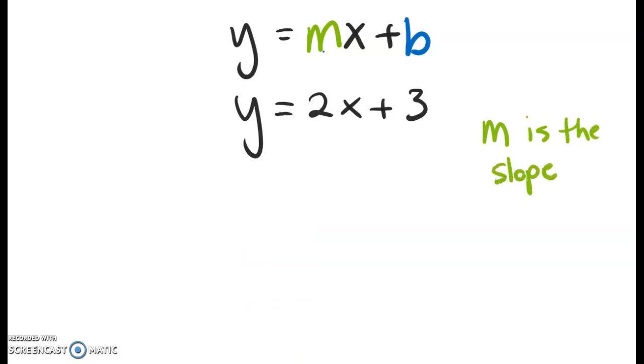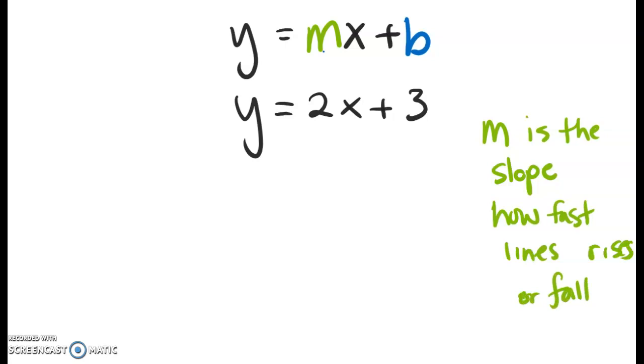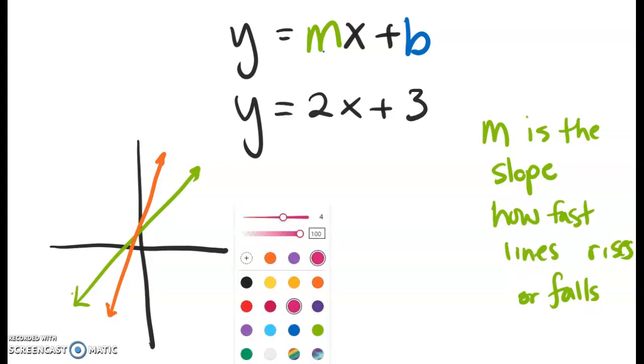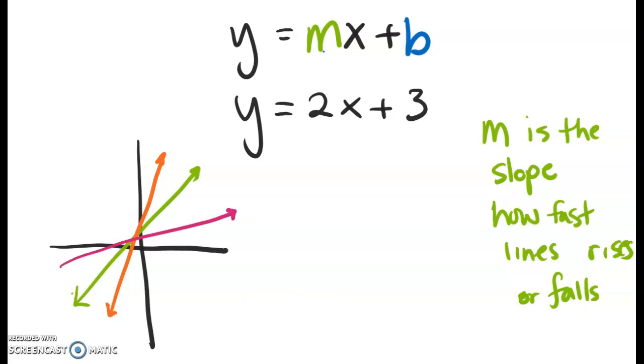So the slope is how fast the line rises or falls. So a slope can be like this, or it could be steeper, like this line, or it could be less steep, like this line.